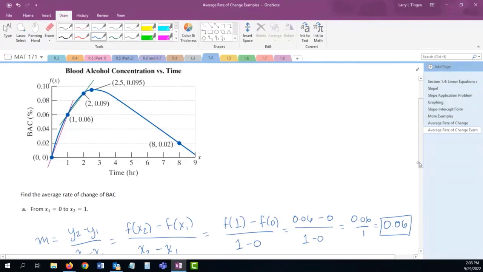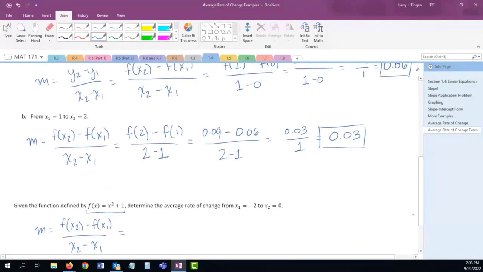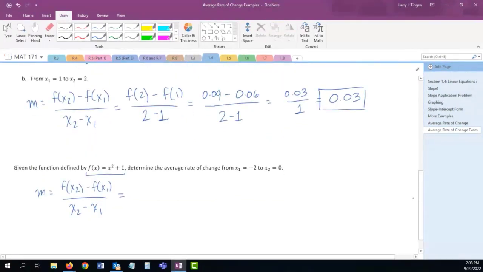Okay, so average rate of change, secant lines especially, the closer together the points are, the closer your slope is going to be to the change in that nonlinear function. To get this, I need f at 0 minus f at -2 over 0 minus -2.